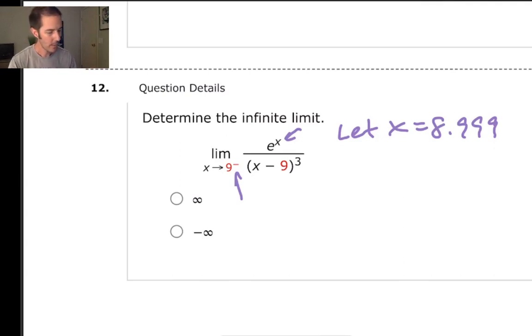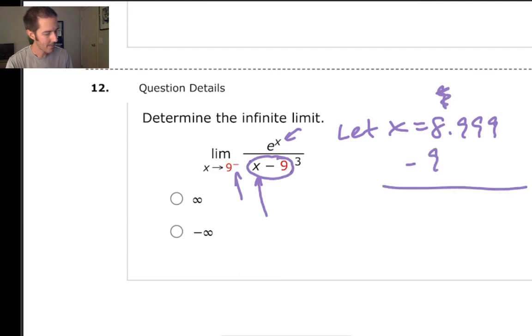What happens when you take 8.999 and put it in here, and then subtract 9 from it? Oh, that's backwards. 8.999 minus 9 is going to give you 0.001. That's a really small number. That's a 1,000th. And what happens when you take a 1,000th and you cube it?